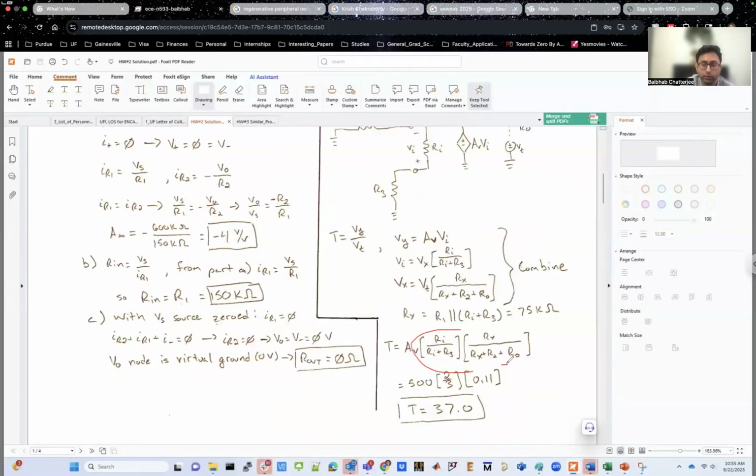Go through the solution if that is not clear. But your beta is just going to be a resistive divider network, and you multiply that with your original gain AV of the op-amp, which was 500. You get the loop gain. Total loop gain is the gain of the feed-forward path, that is the op-amp's gain, multiplied with the feedback path's gain, that is the beta. So the overall loop gain is, let's say, 37 in this particular example.